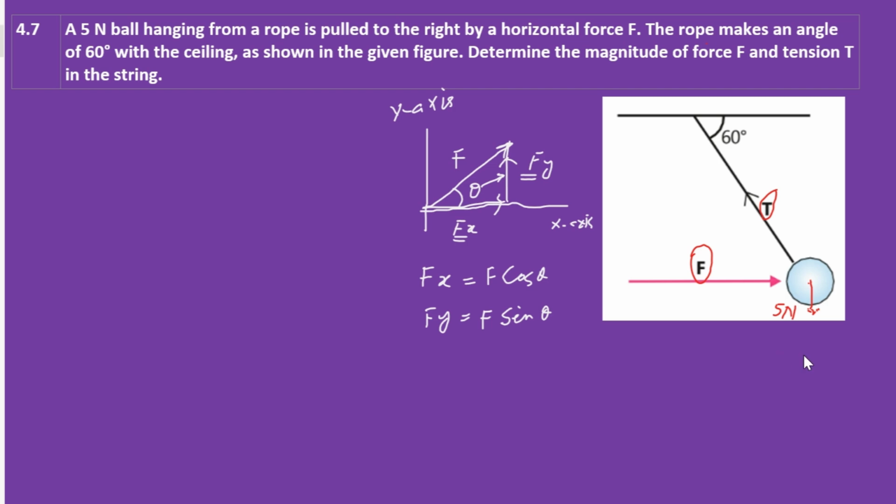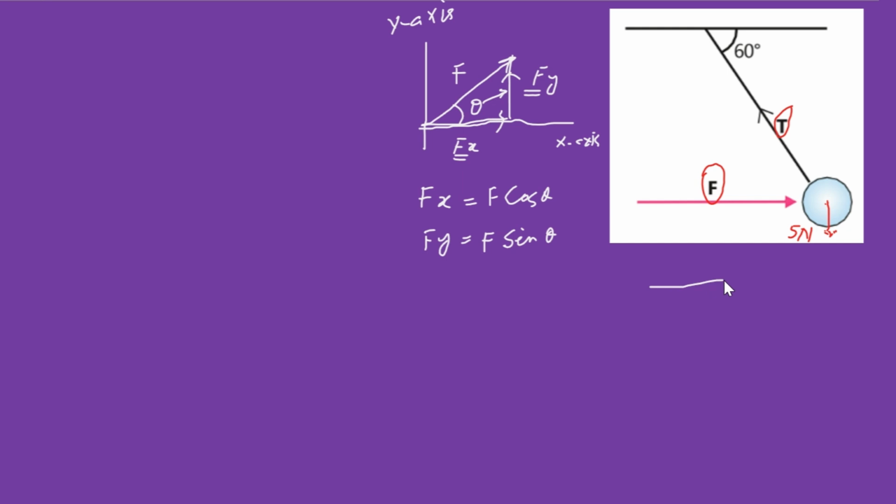So here is the situation. For example, this is the horizontal and this is the ball. It is tied to the string and the tension in the string is T. It is making an angle of 60 degrees with the horizontal. So here we will have two components, one along the vertical and the other along the horizontal.